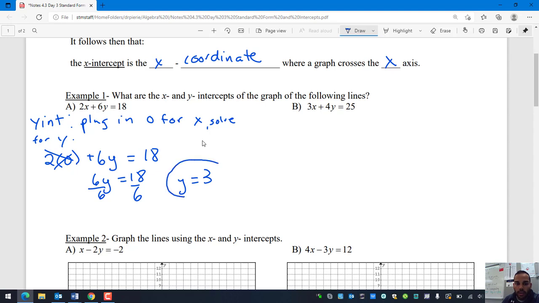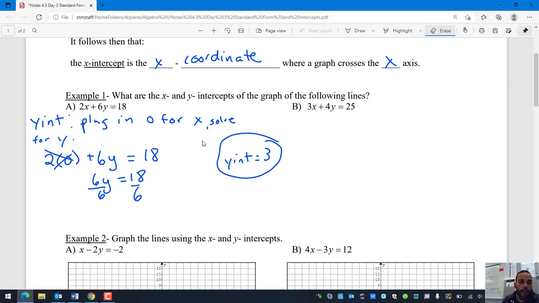This right here is my y-intercept. More specifically, y-intercept equals 3. This is probably the thing I should circle right here. So in order to solve for the y-intercept, I plugged in 0 for x and I solved for y.